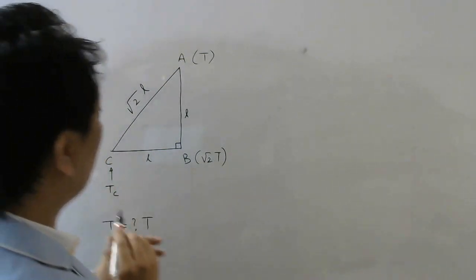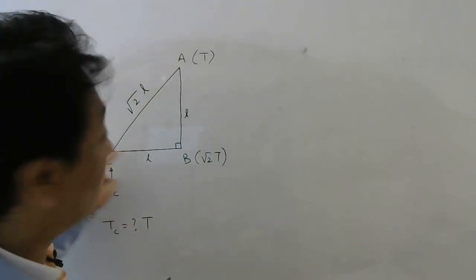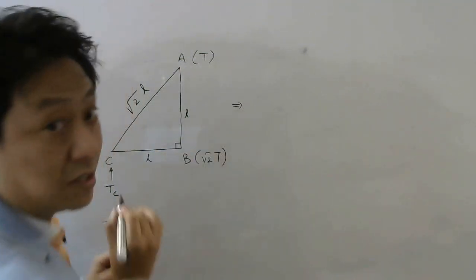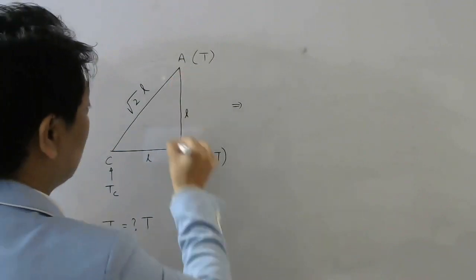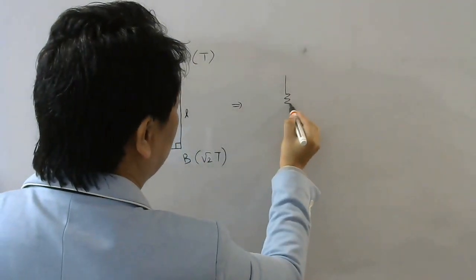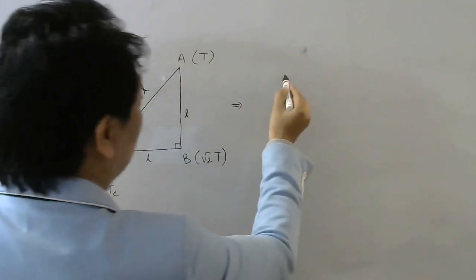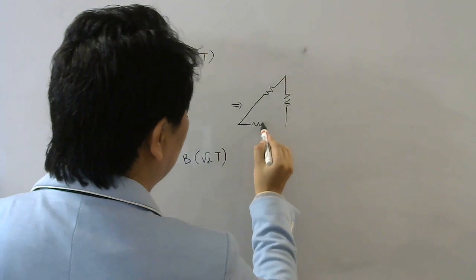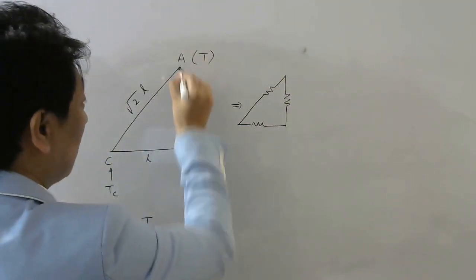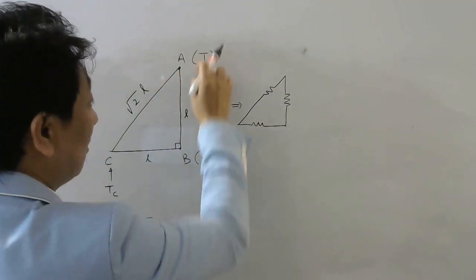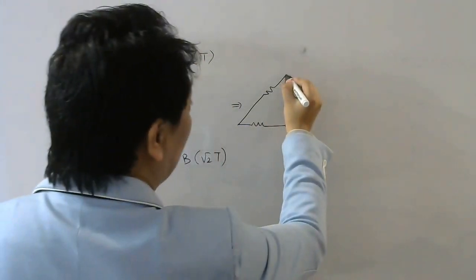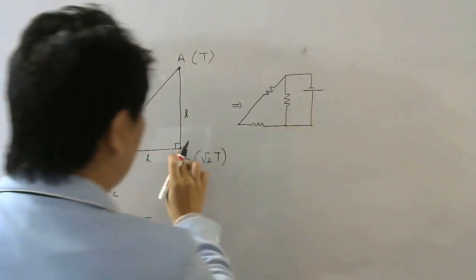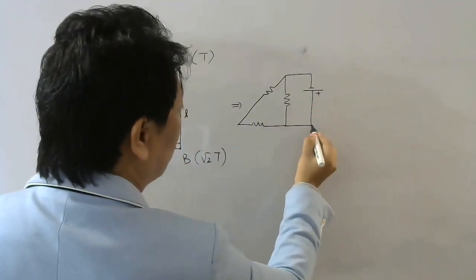Now, how are we going to find the temperature of this point in terms of T? Try to understand. If I show you in terms of resistance, then how it will look. Let's say this part of the rod is represented by this resistance, this part by this resistance, and this part by this resistance. Now they told this end and this end are maintained at different temperatures, right? So it is like connecting some battery here, and since this is at higher temperature, I am giving positive potential here.